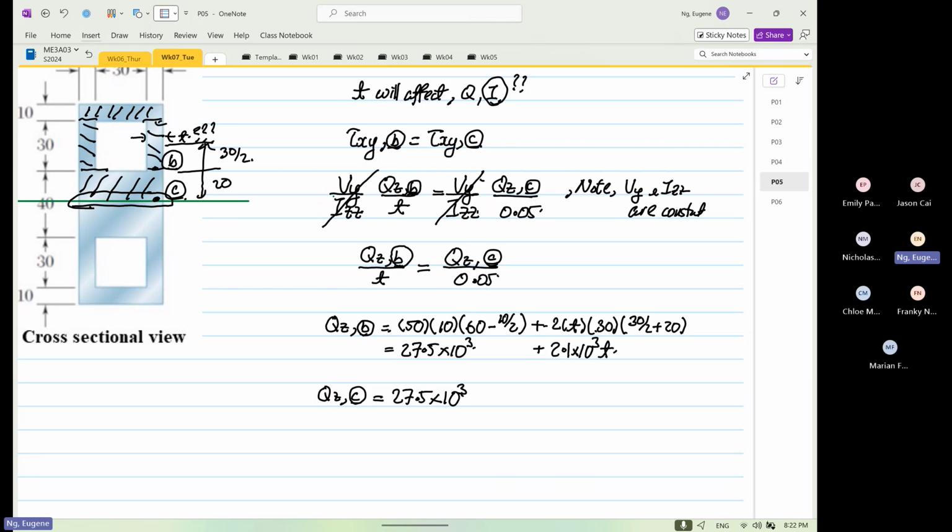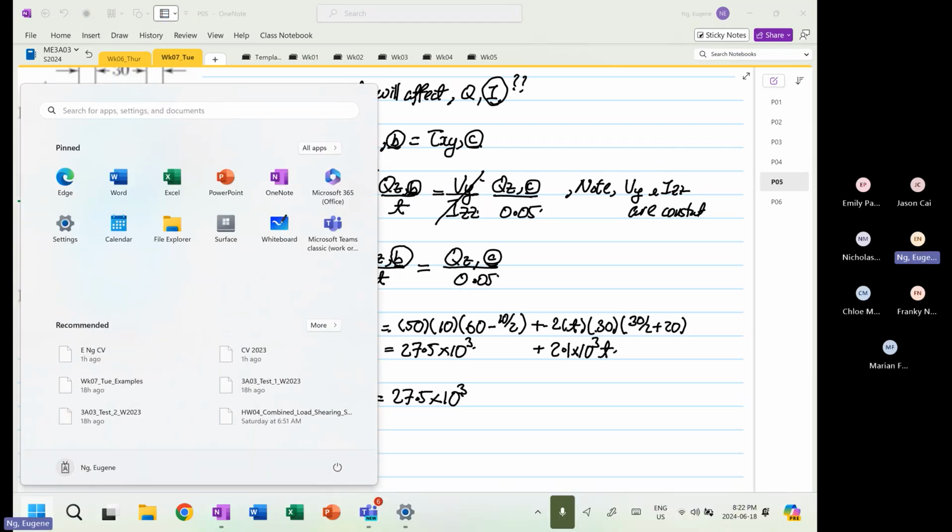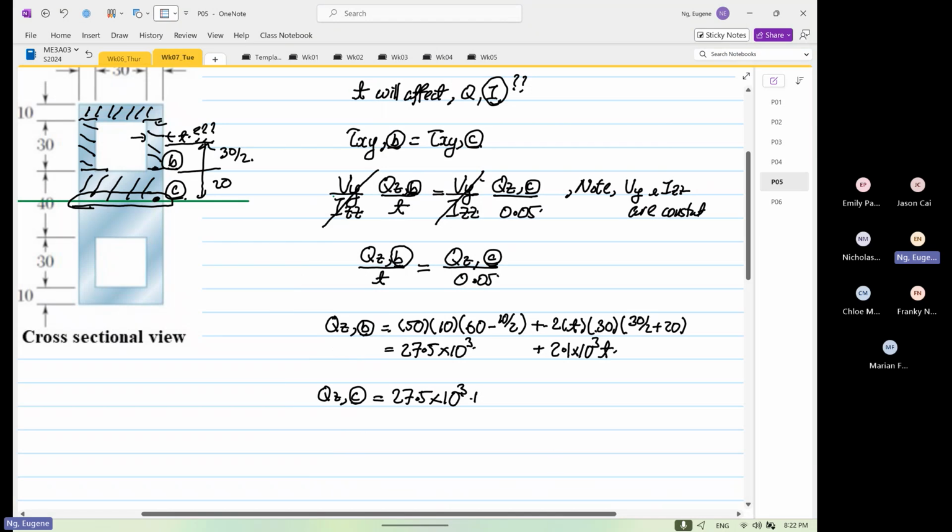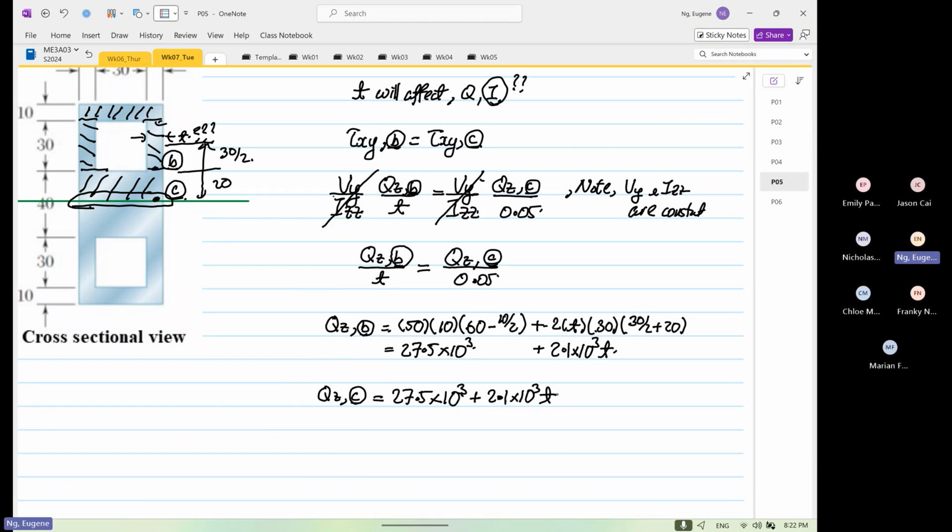So QZ at point C is 27.5 times 10 to the power 3 plus 2.1 times 10 to the power 3 t, plus the width, which is equal to 50. The depth is equal to 20 multiplied by 20 divided by 2.